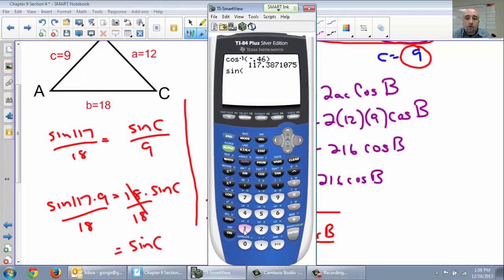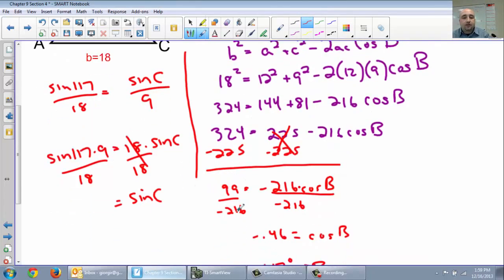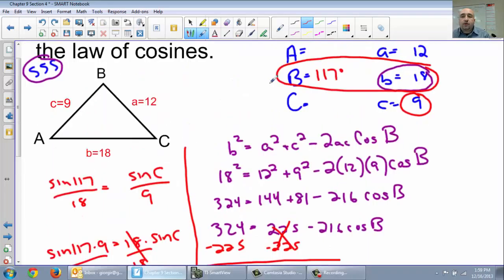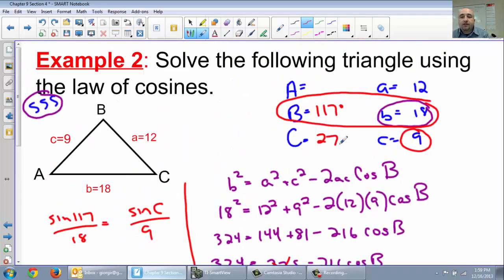Sine of 117 times 9 divided by 18 gives me 0.445. And remember, I want the angle C, so I have to do second sine 0.45. Enter. 26.7, so 27 degrees. So C is equal to 27 degrees.